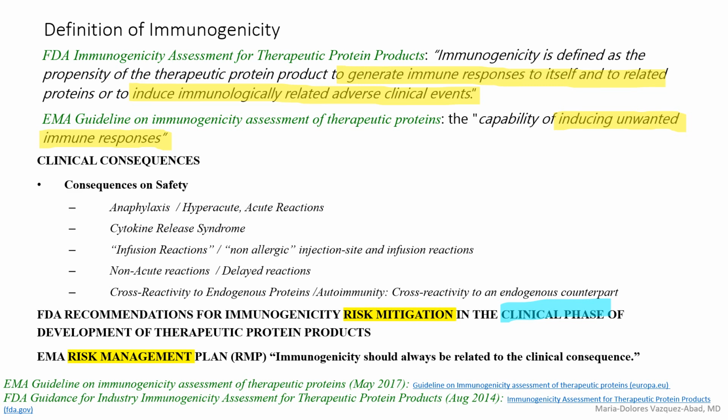What did we see? What did we identify as potentially immunogenic? And also we need to identify what were the clinical consequences to create either a mitigation or a management plan for the drug.